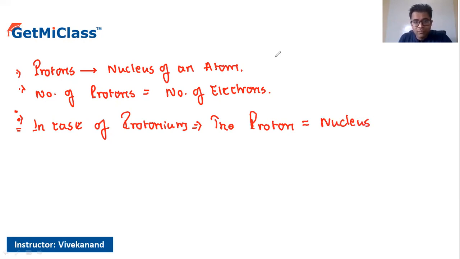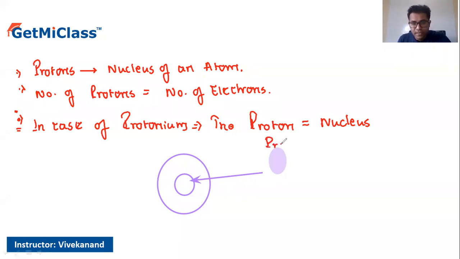In the case of hydrogen, the nucleus is made up of only one proton, and of course there is going to be one electron. So the proton itself is acting as the nucleus in the case of the hydrogen atom.